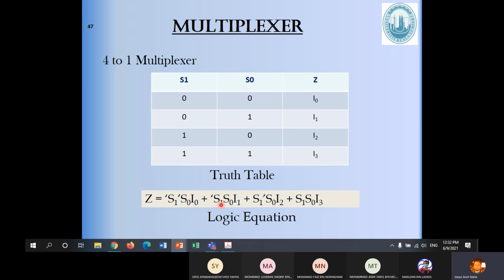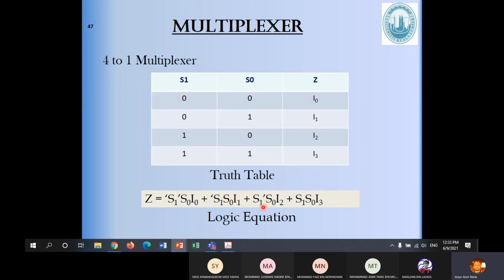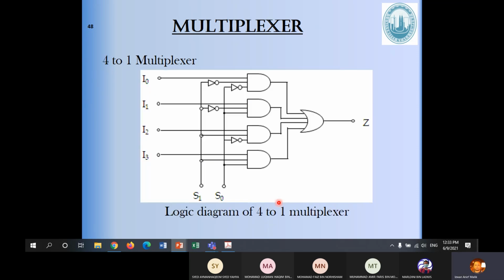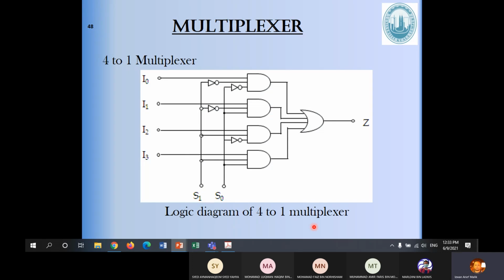So you will be having the second one, S1 bar, S0, I1. The third one, you will be having S1, S0 bar, I2. Then the last one S1, S0 dengan I3. Dia tak ada bar. Tak ada NOT gate. So the last gate ni representing group yang last ni. Okay, so that is how you read it lah.